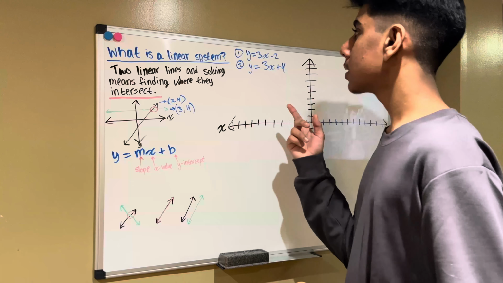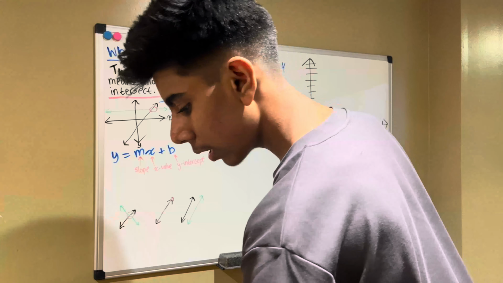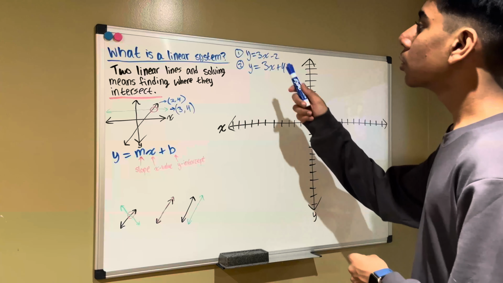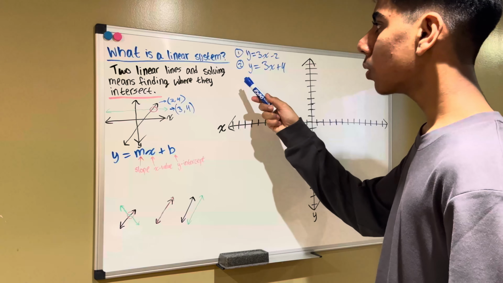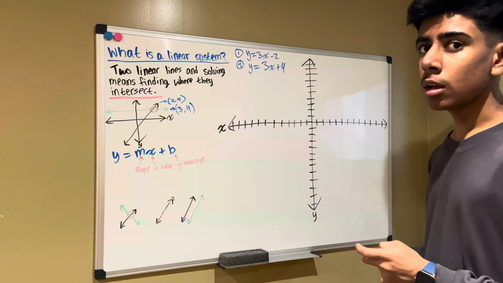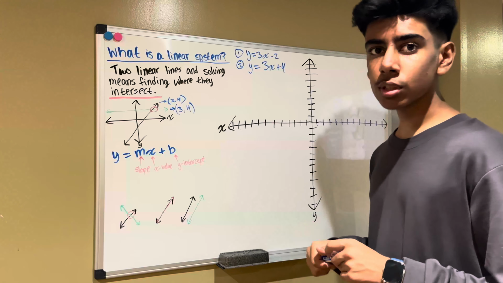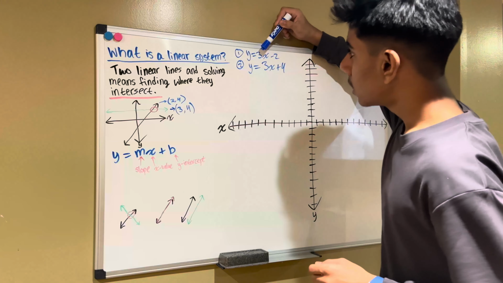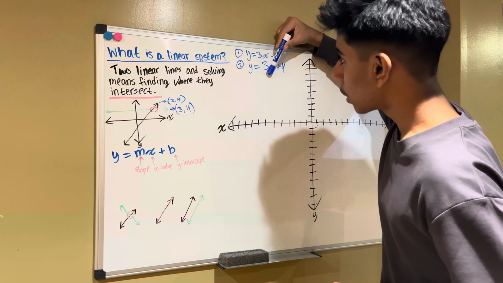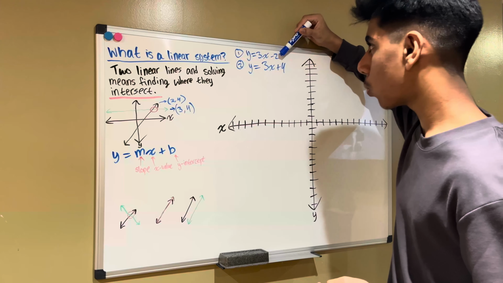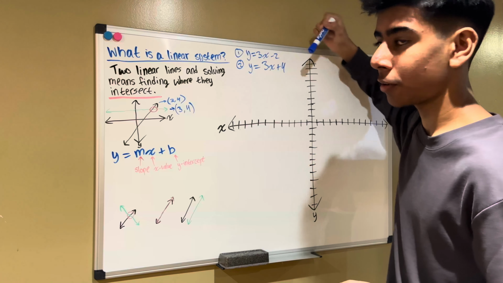For our second example, we see we have y equals 3x minus 2 and y equals 3x plus 4. You notice the similarities between these two equations? You see that the slopes are the same, but the y-intercepts are different.